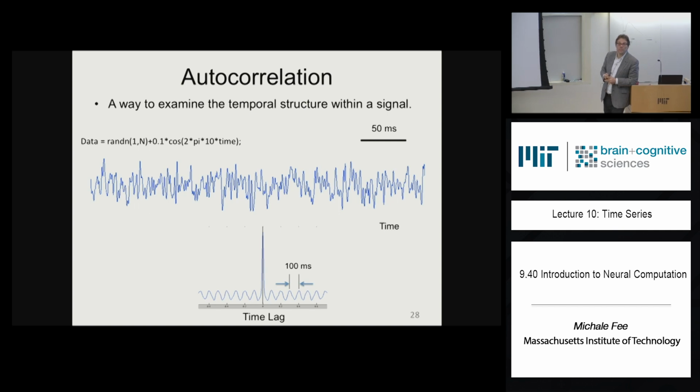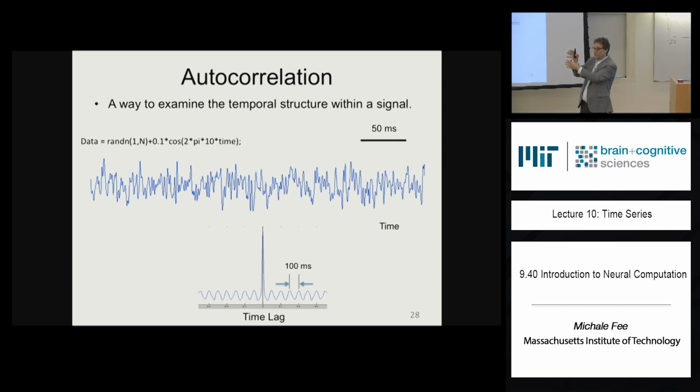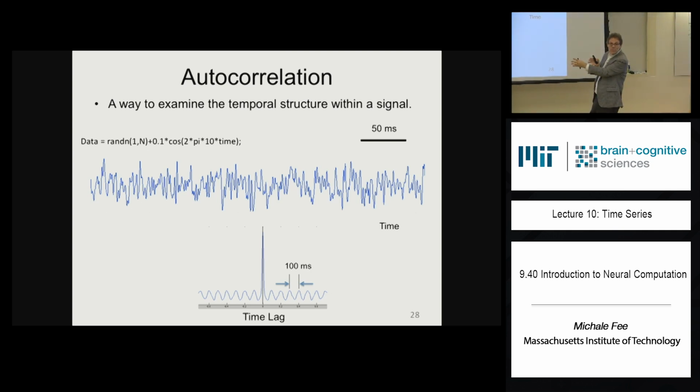All right? Okay, so cross-correlation is a way to extract the temporal relation between different signals. Autocorrelation is a way to use the same method, essentially, to extract the temporal relation between a signal and itself at different times.